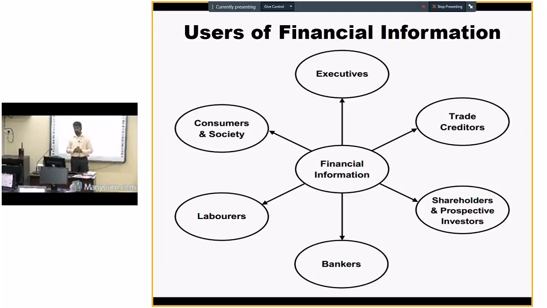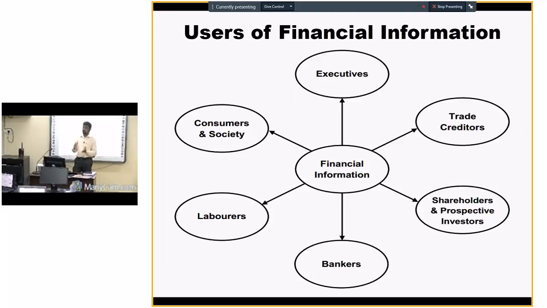Then laborers are also concerned about the financial information. From the laborers' or workers' point of view, they are trying to get additional salary, salary increments, bonuses or other benefits.